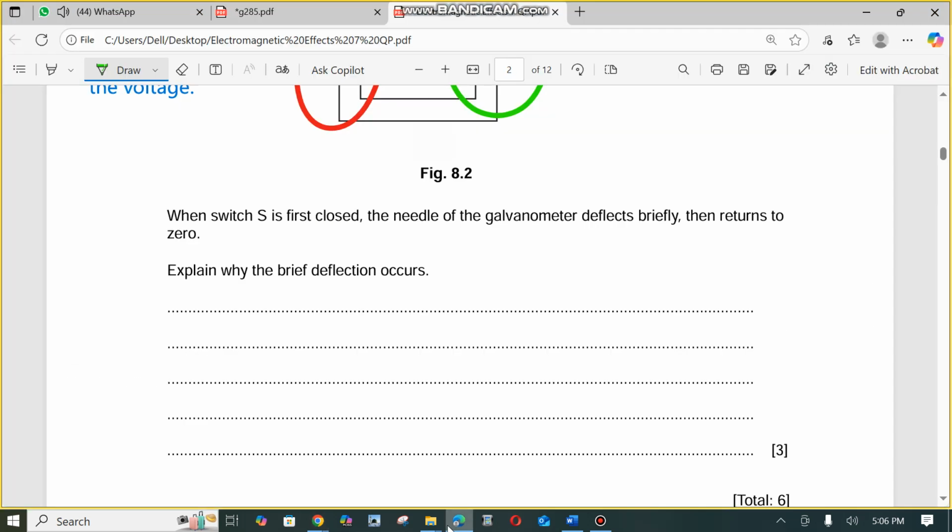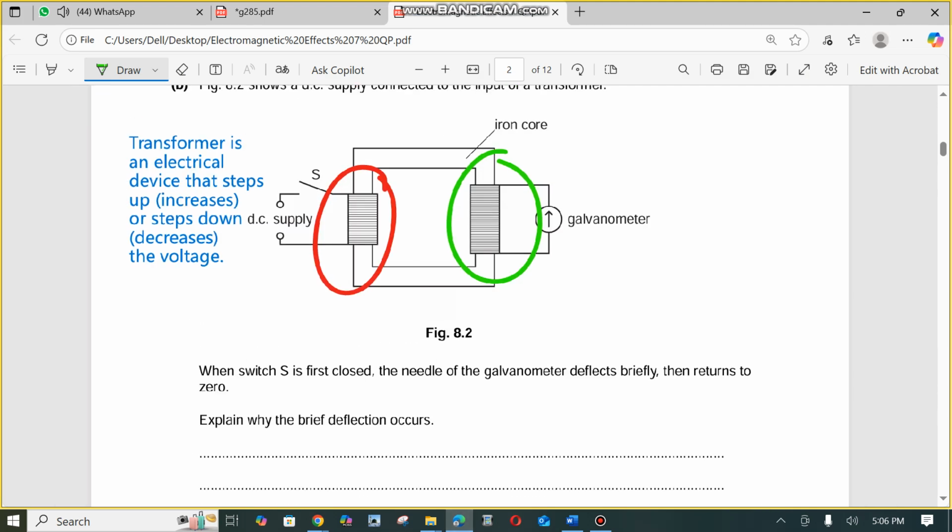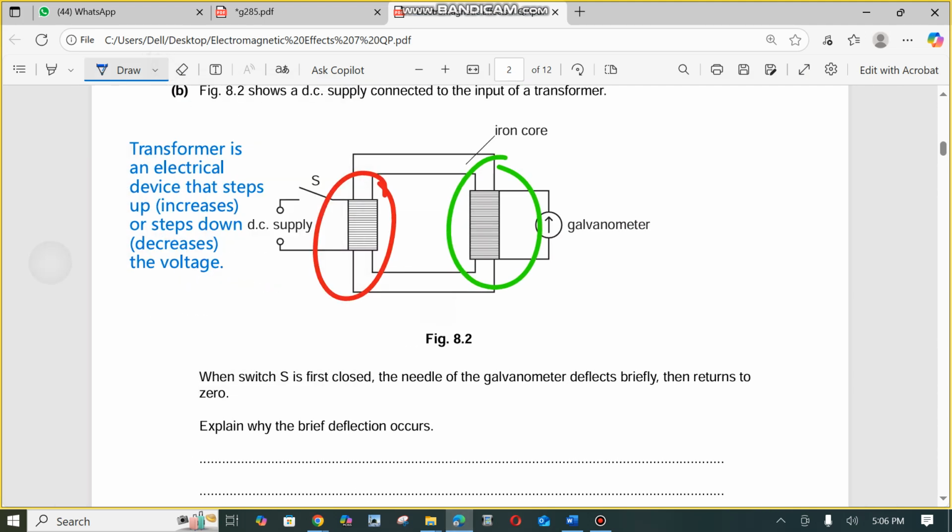So basically, when the current passes through the coil... okay, this is a DC supply. That's a very strange thing over here now, because a transformer has to work with an alternating current and not a direct current.